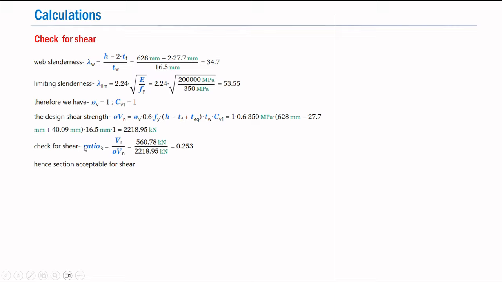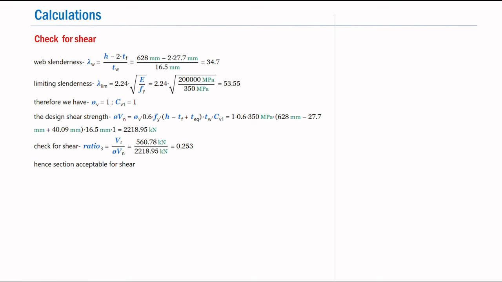Substituting, we find that the shear strength of the section is 2218.95, which means that the utility ratio for the shear is the actual design shear 560 divided by the shear capacity, 2218, and that's 0.253. Therefore we do not have much issues from the shear.